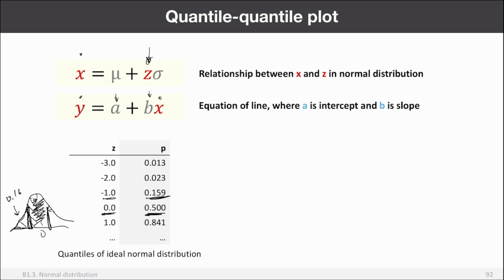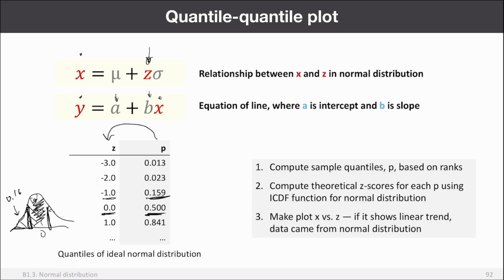We can also do it the other way around. If you know the quantile of a value, we can compute the Z-score based on this knowledge about the theoretical distribution. That's exactly what we are going to do. So the procedure is the following. First, we compute sample quantiles based on ranks. We use a non-parametric approach to compute sample quantiles. That's the first quantile in this name. Then we compute theoretical Z-scores based on these empirically computed sample quantiles and the ICDF function for the normal distribution.